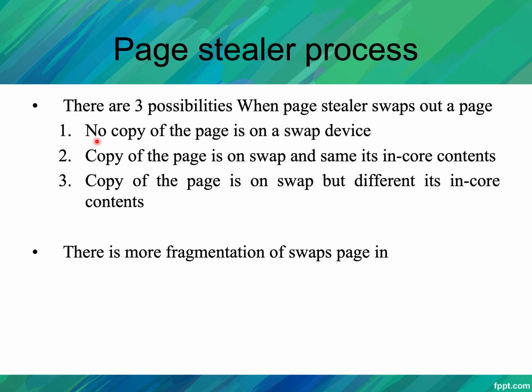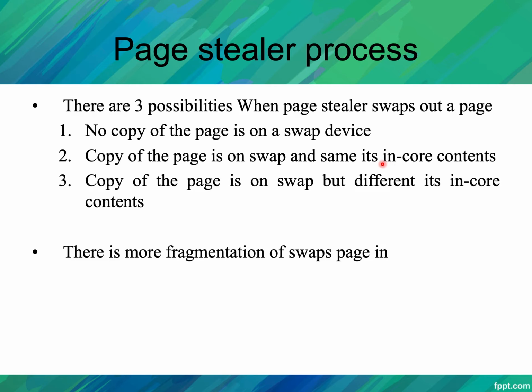The first possibility is that no copy of the page is on the swap device. At that time, the page which is getting swapped out has to be copied into the swap device along with the physical address and virtual address details. The second possibility is that a copy of the page is on the swap device and has the same content as the in-core content.